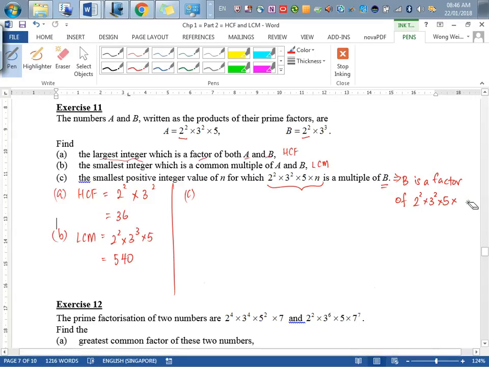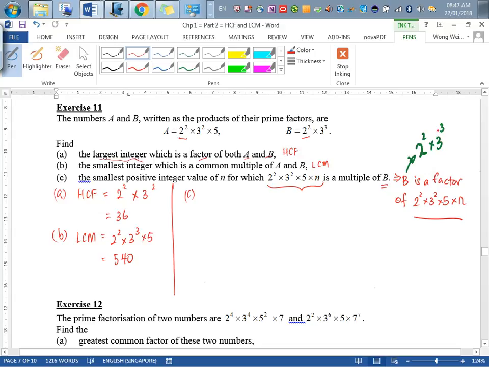So, b is a factor of all these, right? Can we check? Now, b over here is 2 square times 3 cube. Let's check if all the factors of b are found here. Okay? First one, 2 square. Is it found inside? Yes, it is found inside. So nothing to change.